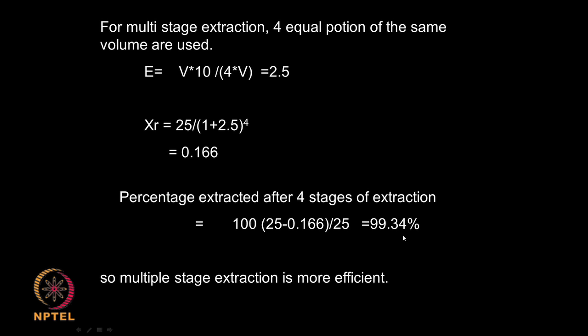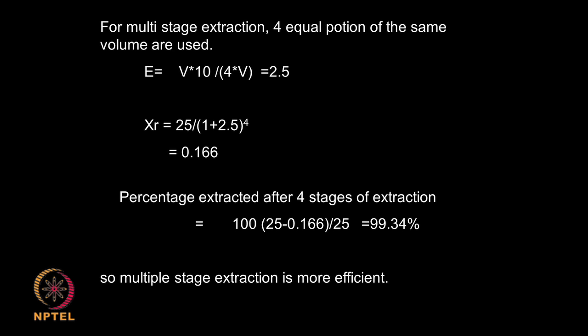It tells us instead of dumping all the solvent in one stage and trying to recover, if I divide it into 2, 3, 4 many stages and use part of this solvent, my recovery is going to be better. That means multiple stage extraction is more efficient than single stage. I have used the same amount of solvent, that 25 milligram, but when I divide it into 4 parts and use it as 4 stages, my recovery efficiency is much better.